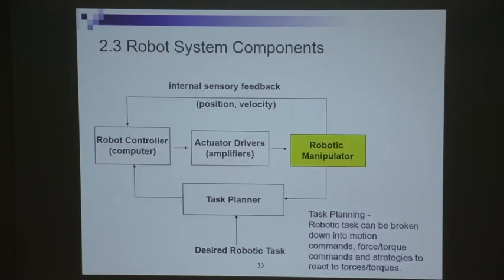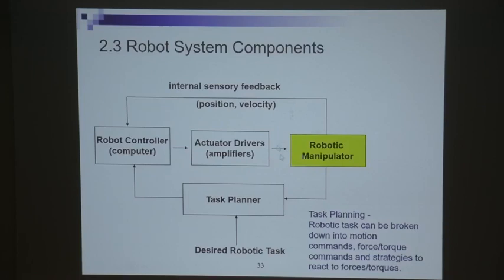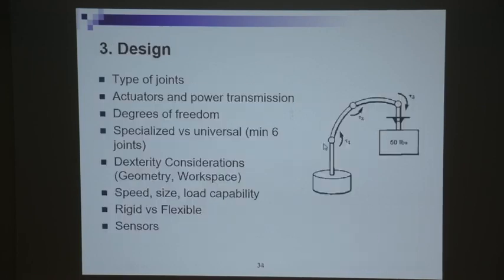When you know how the manipulator interacts with the rest of the components, the next thing is how can we design the robot manipulator? To design it, the robot manipulator is comprised of the joints as well as the links.